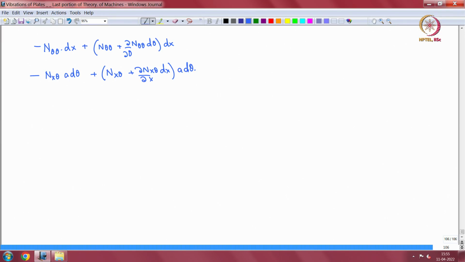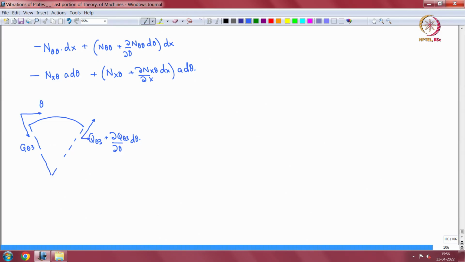And lastly, there will be a contribution from the vertical shear, because if you look at the profile, it looks like this. So now we have q_theta3 and q_theta3 here incremented, plus del q_theta3 by del theta d theta. Now this will have a component in the theta direction, and this will have a component in the theta direction.